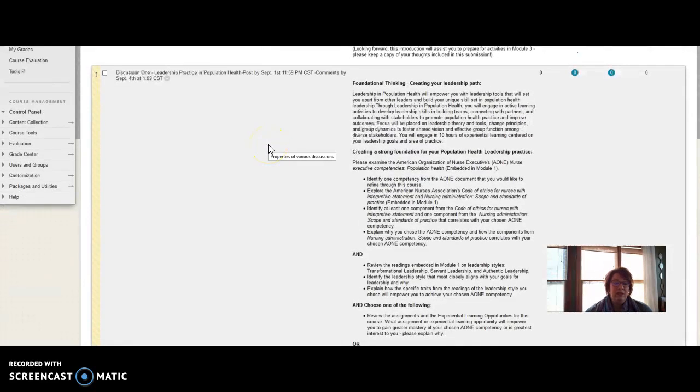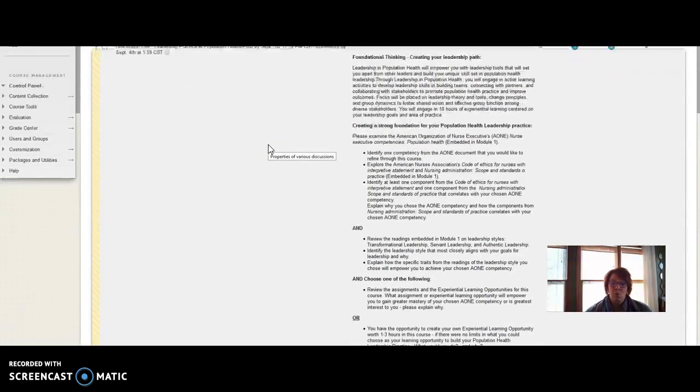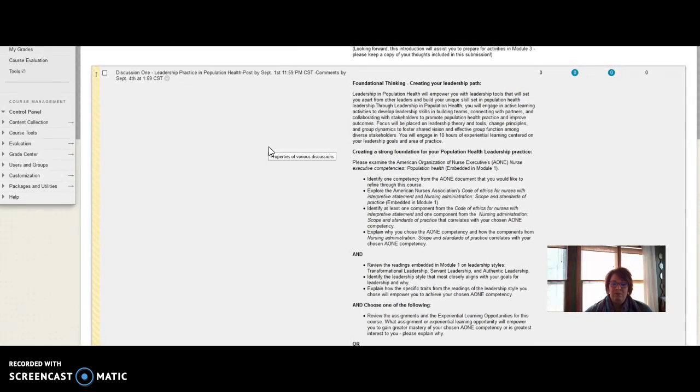So as we're looking at discussion 1, you will be following this particular discussion board, and you will be looking at the AONE competencies. You're going to identify one of those competencies, and you're going to correlate that with the Code of Ethics and also the scope and standards of practice.